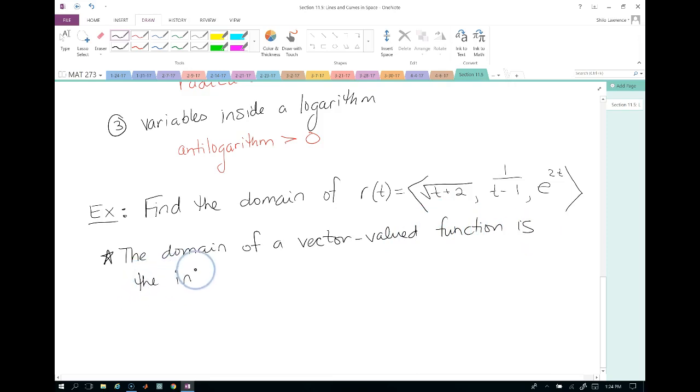An intersection means we only want to know what they have in common. What values can be used in all three components. So the domain of a vector valued function is the intersection of the domains of each component function.